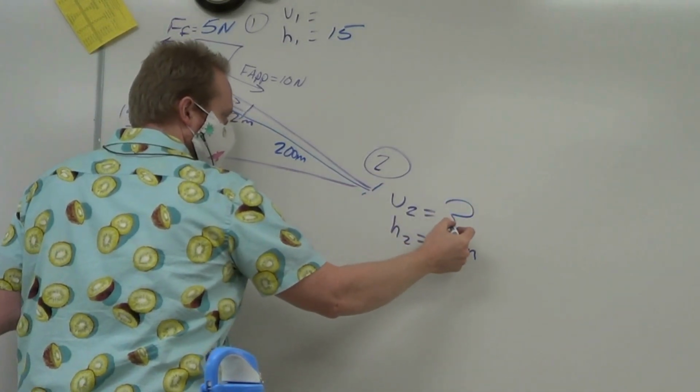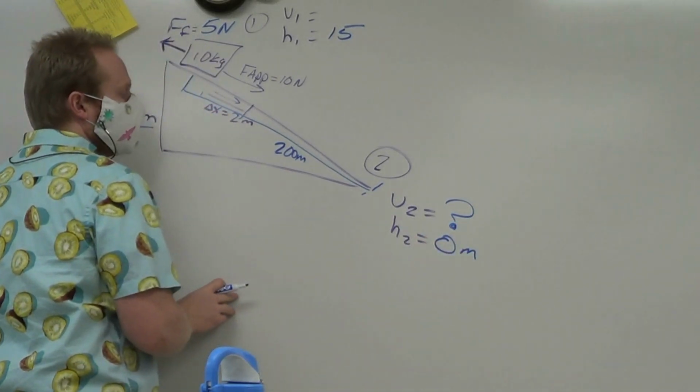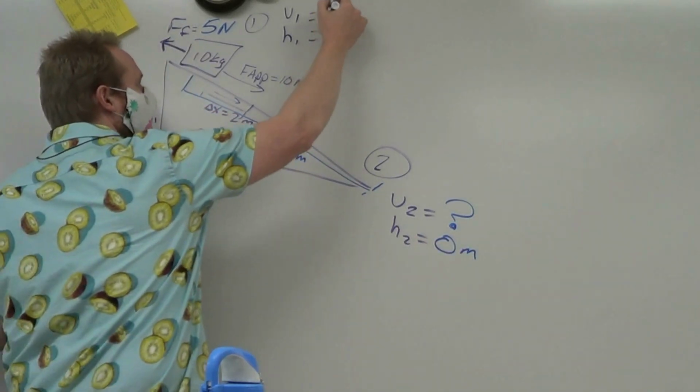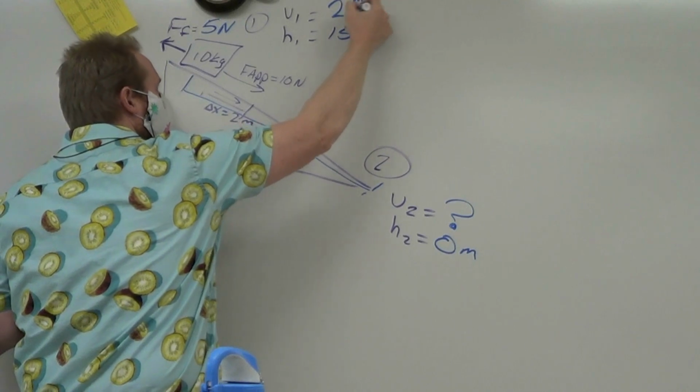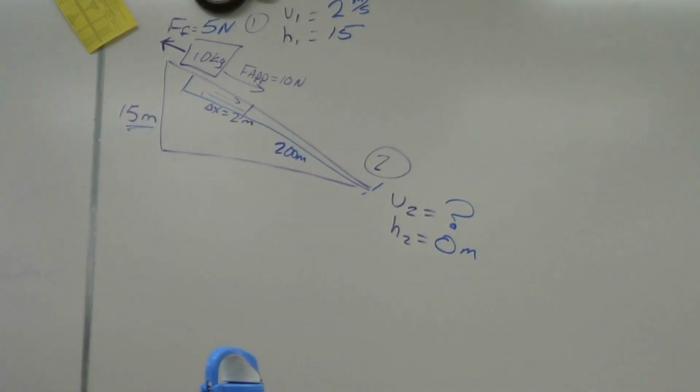We're trying to determine how fast they're going at the bottom of the hill, and it says that they were moving at 2 meters per second before you give them a push. Okay, so that is the information that we're going to start with. Have to add the force of friction is 5. That was not given in the problem. I ignored the number that was talked about, energy lost due to friction.